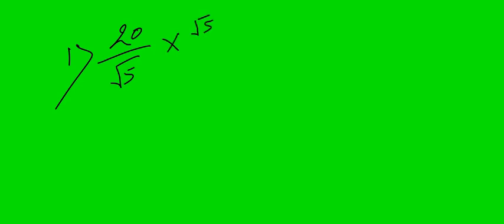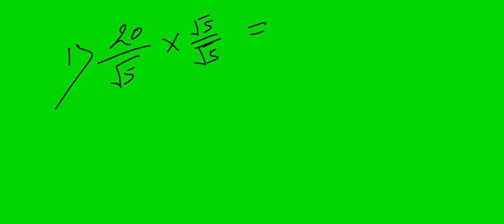So how to rationalize it? 20 upon root 5, this is our first question. In the rationalization process, we multiply and divide by the denominator, whatever it is. So we can write root 5 upon root 5. When we multiply and divide, there are no changes.